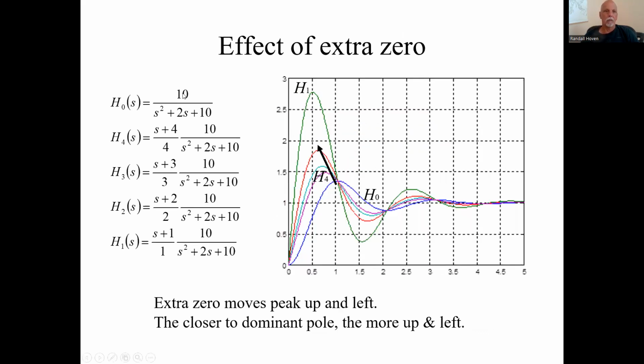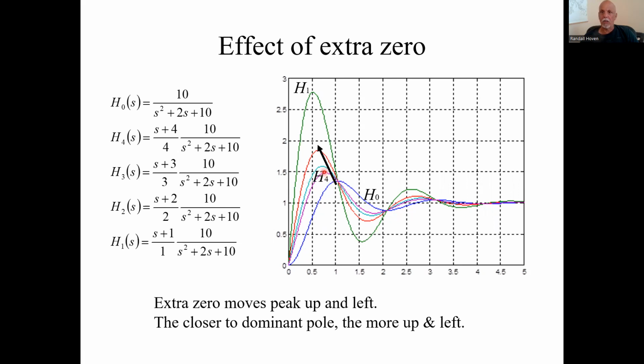What about an extra zero? I did the same kind of thing. Started with the same system, then added a zero that's 4 times to the left, 3 times to the left, 2 to the left, and right on top of it. Blue again was the original. Get down here with about a 35% peak overshoot. 4 was a little bit above that.